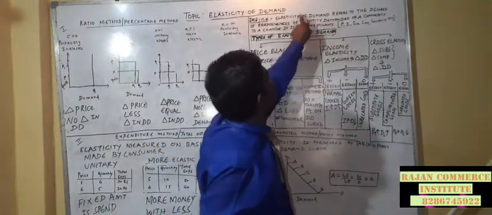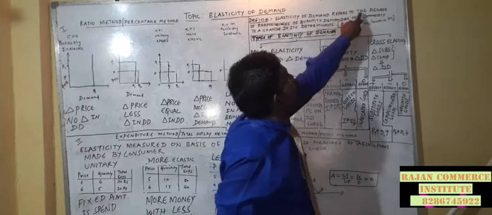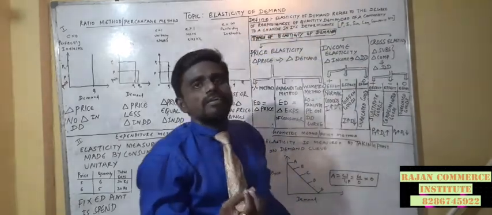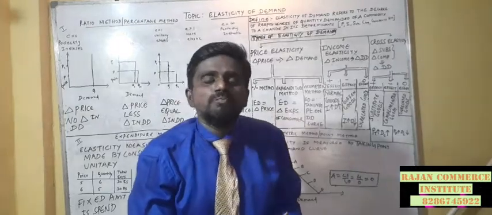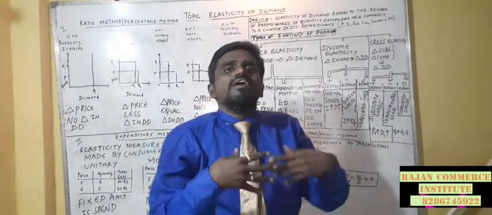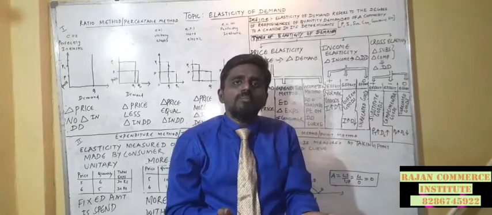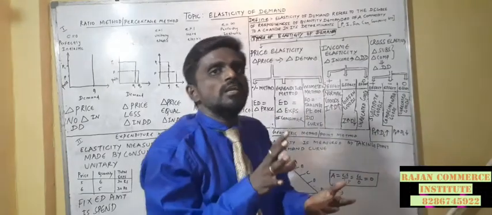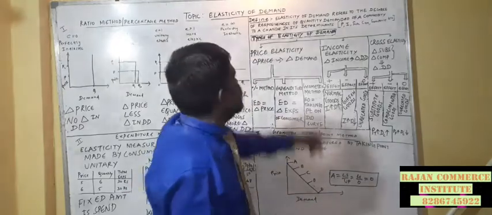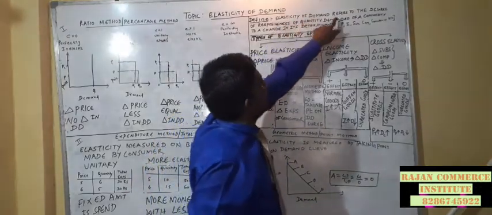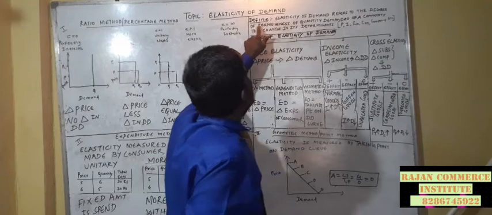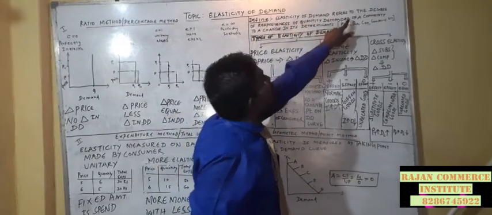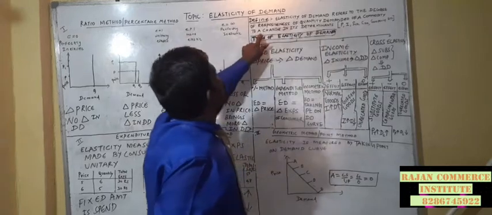That's what elasticity of demand refers to, the degree of responsiveness of quantity demanded, how much the consumer reacts towards that particular product with change in the price of that product.